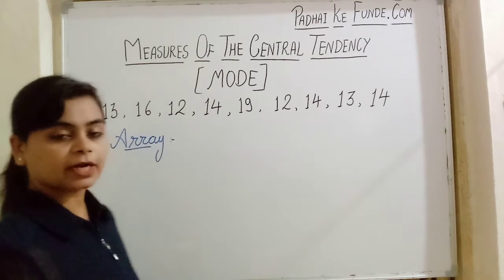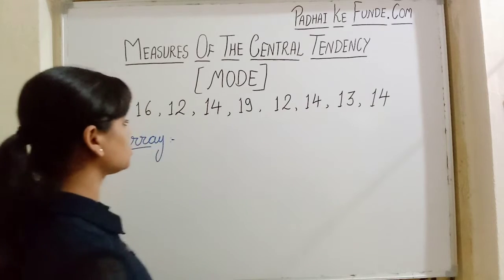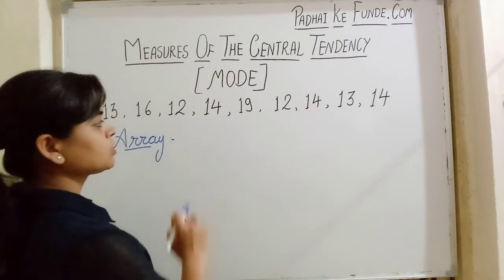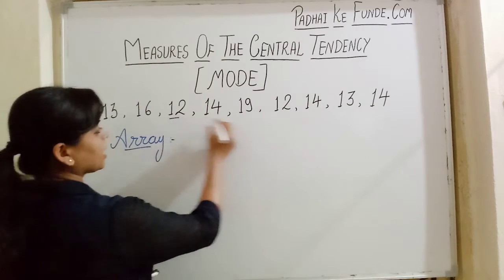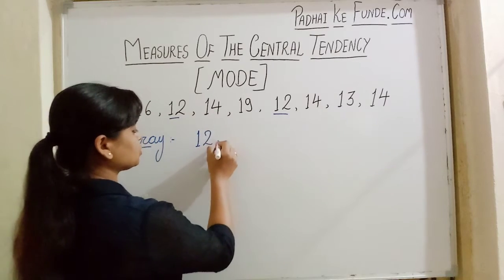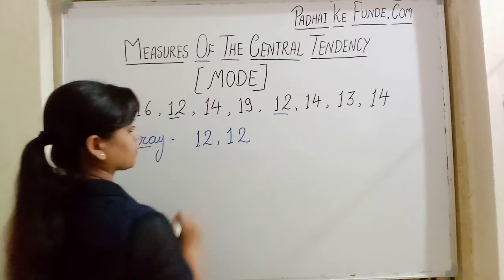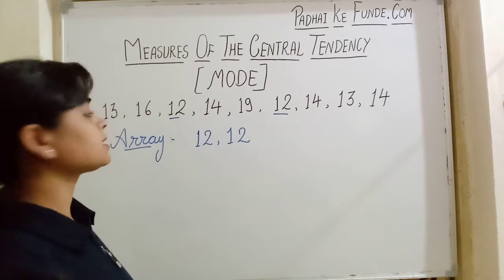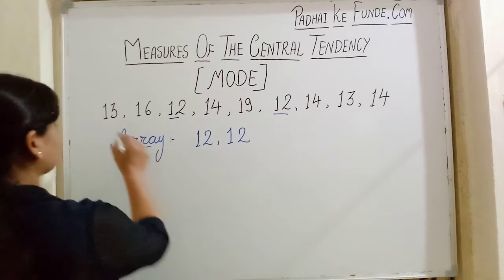So I am going to start with the smallest number in the observations, which is 12. I have the number 12 two times here, so I will write it down 2 times. The next number is 13, which is also 2 times here.